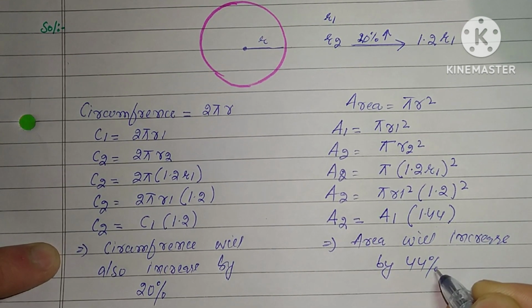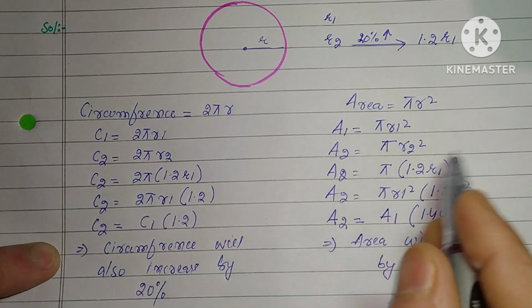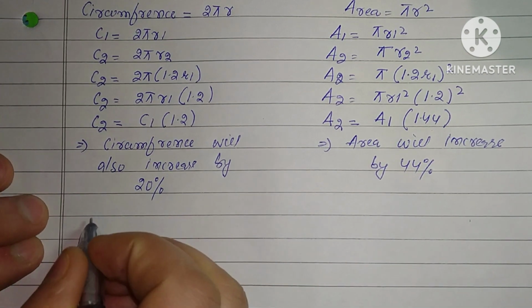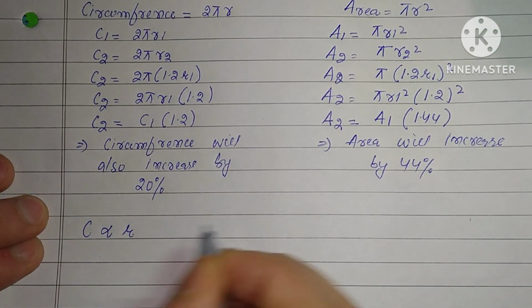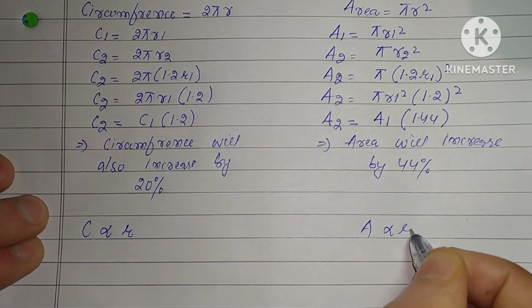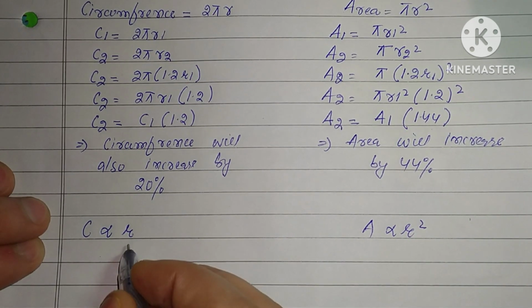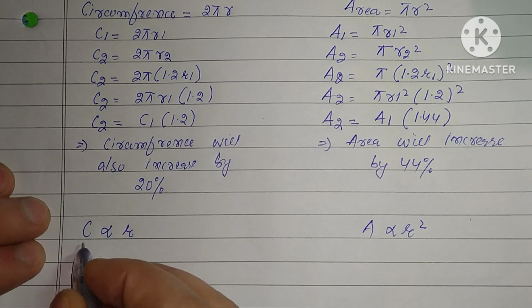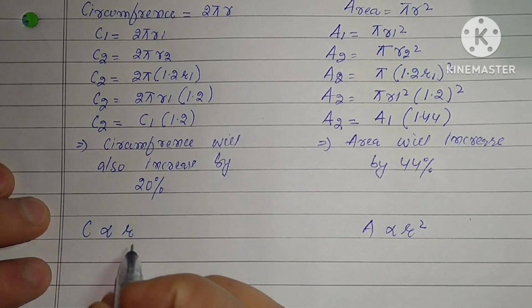In examination, you should avoid these calculations because circumference is directly proportional to radius, and area is directly proportional to radius square. If radius increases by 20%, circumference will also increase by 20% because they are linearly related.